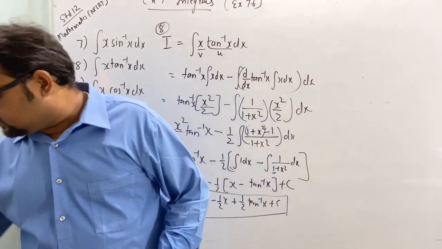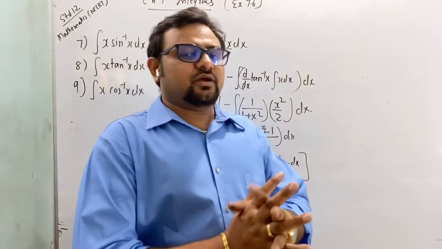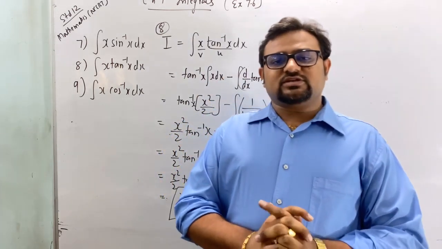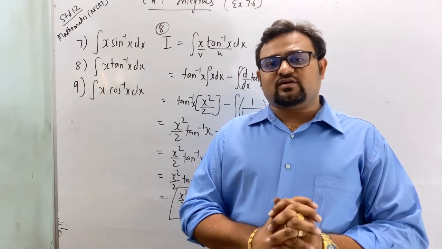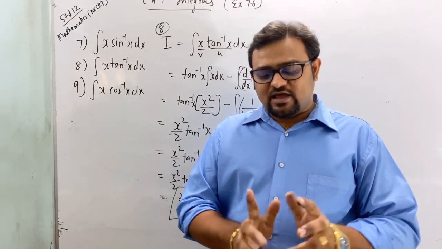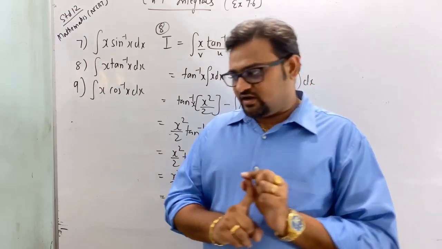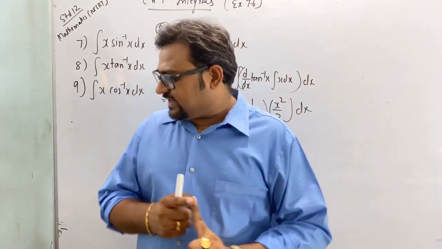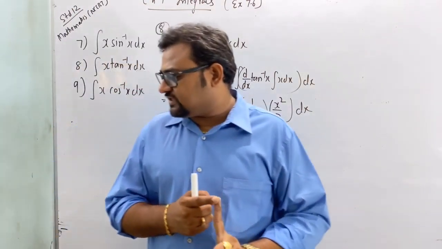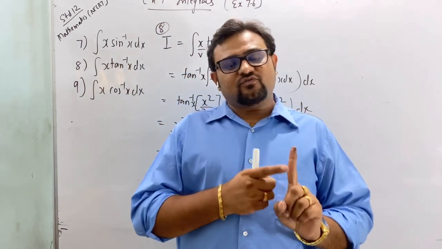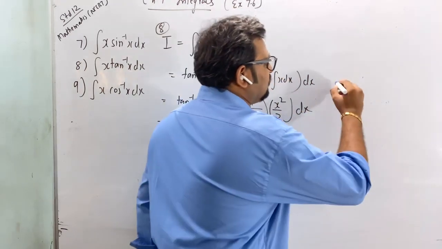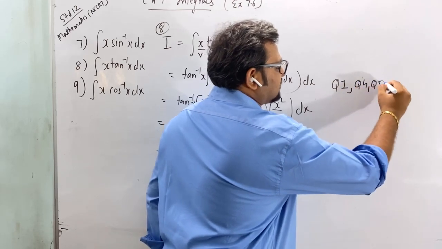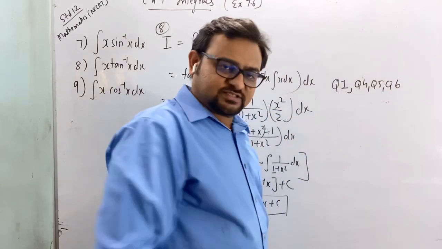Okay, students. So today we will study only till here. Just recall whichever questions I have given you for yourself. Question number 1, x sin x, that was your first question for yourself. Then question number 4, 5, and 6. I'm writing it down: question 1, question 4, question 5, question 6.